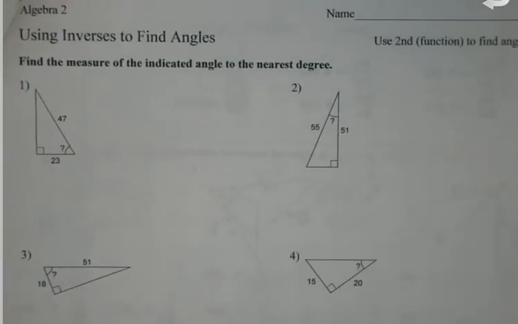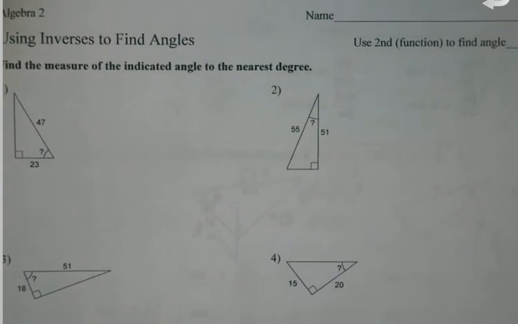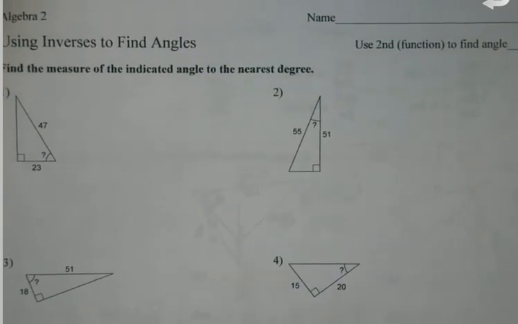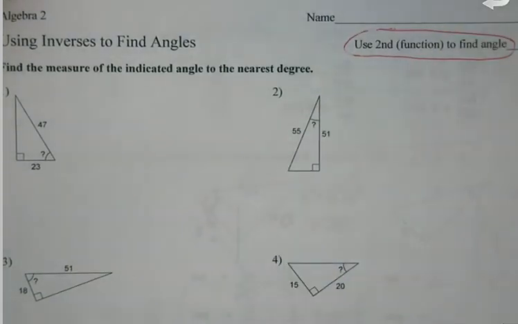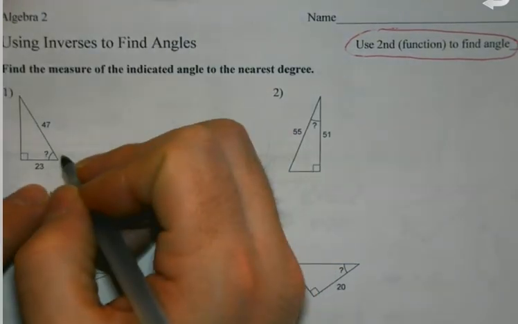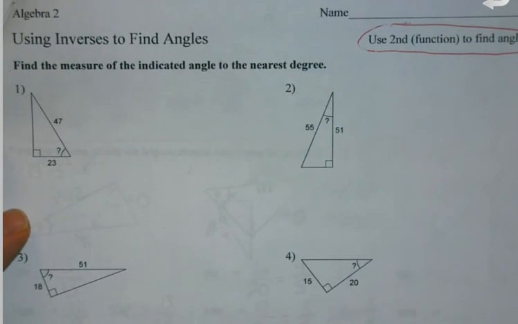Notice up in the right corner here, right under the name, it says second function. Use second to find the angle. In other words, here I don't need to find my other side. I need to find this indicated angle.